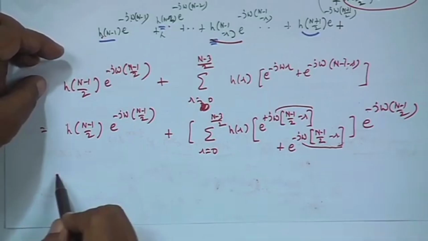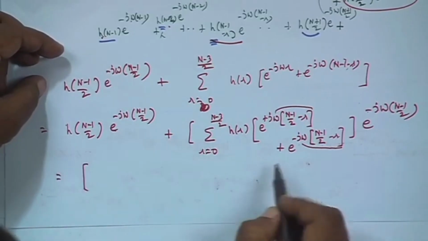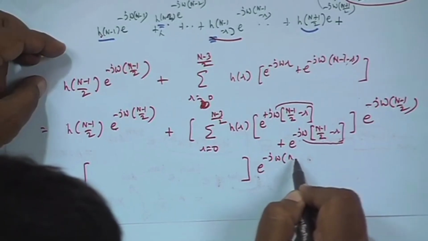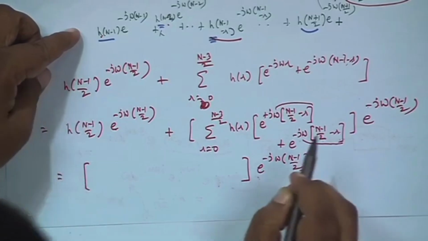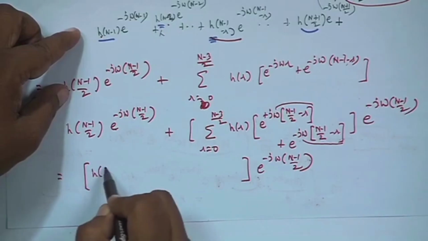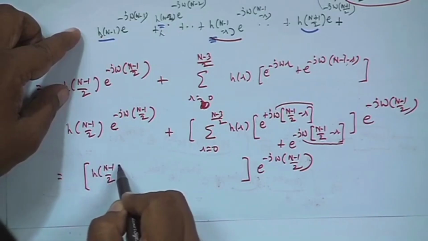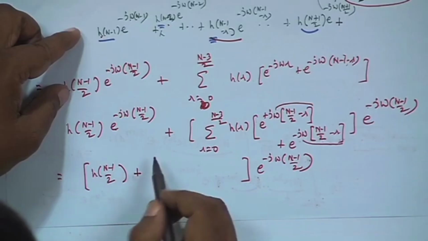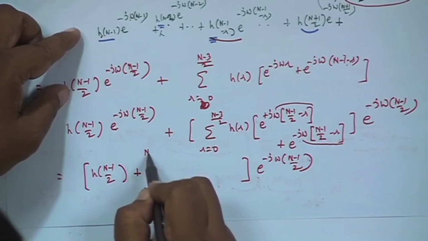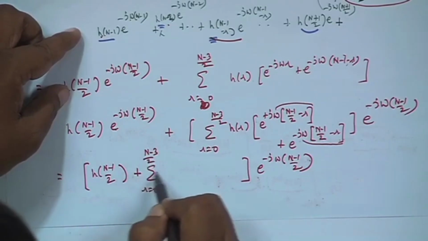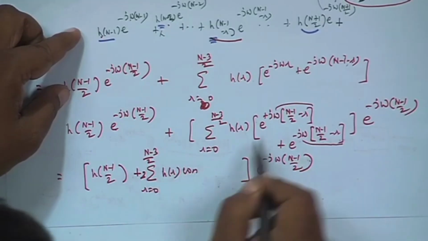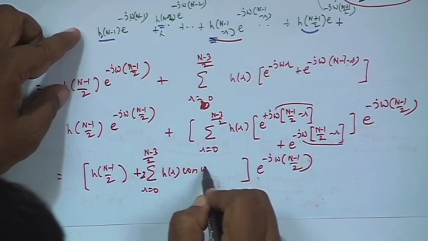Okay. So, then this factor can be taken as common, this will be twice H r cosine theta, theta is omega into.